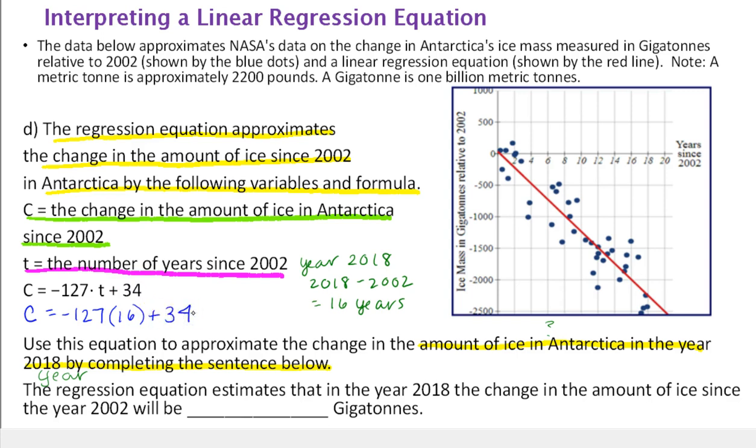And let's just talk a second about this adding 34. So 34 represents the amount of ice when the time equals 0. So 0 years since 2002. And it makes sense that at that time, the change since 2002, in 2002, should be 0. Okay, and notice this is 34, which isn't 0.